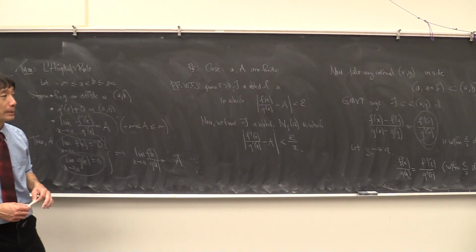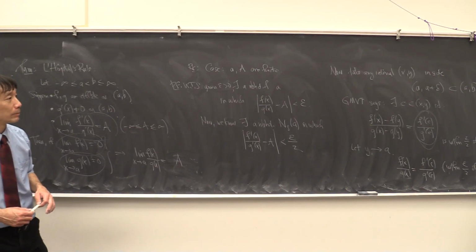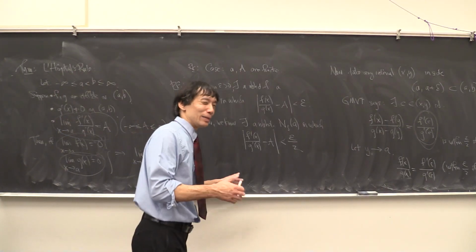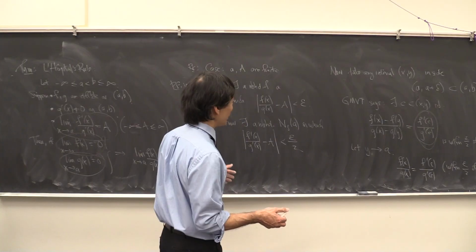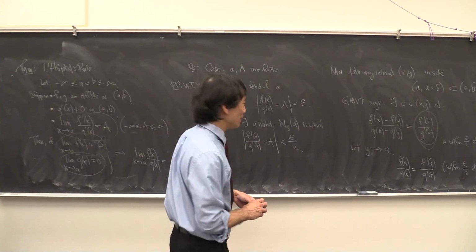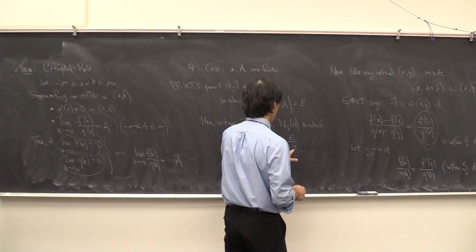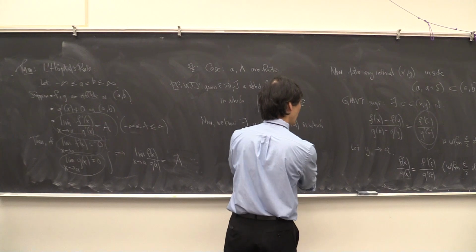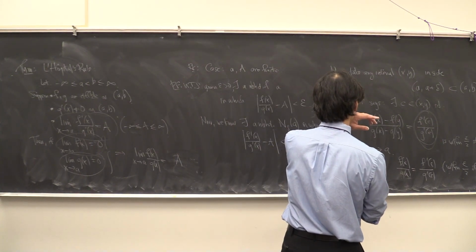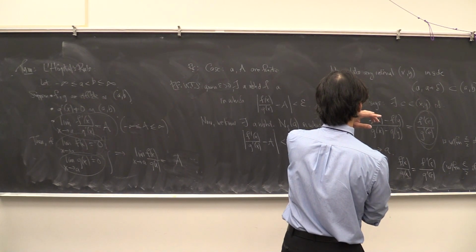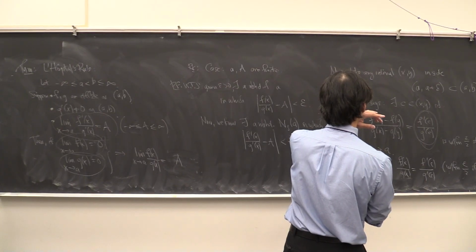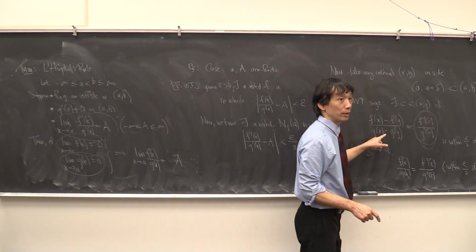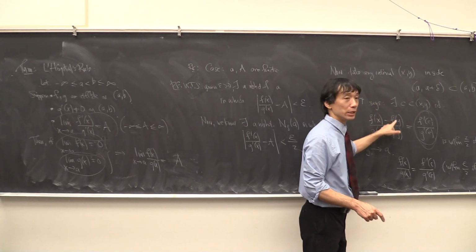Did we need epsilon over 2, or could we have just used epsilon? Well, in some sense no, and in some sense yes. The reason you need it is that c changes with the y.